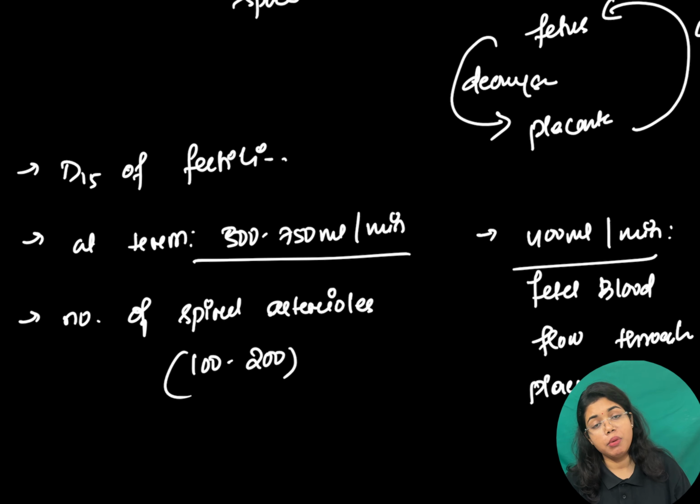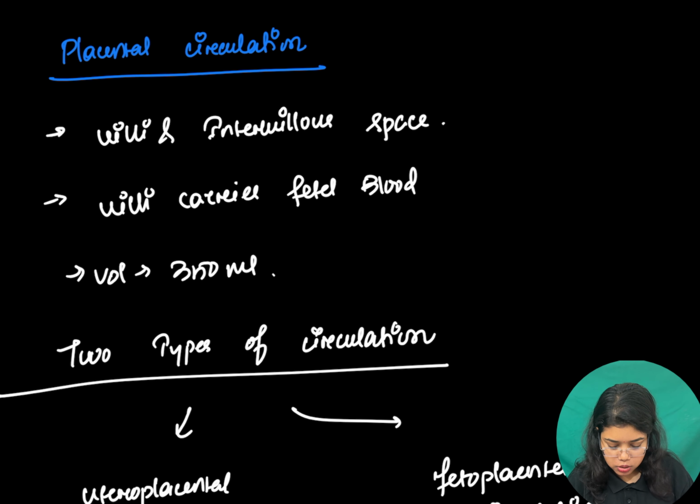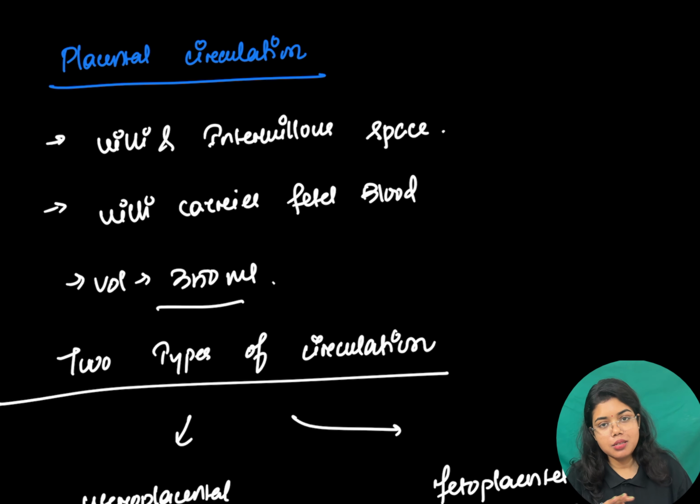The volume of fetal blood that is present, I've told you, is 350 ml. That is different. Flow rate is in ml per minute, but the volume of fetal blood present in the placenta is 350 ml.